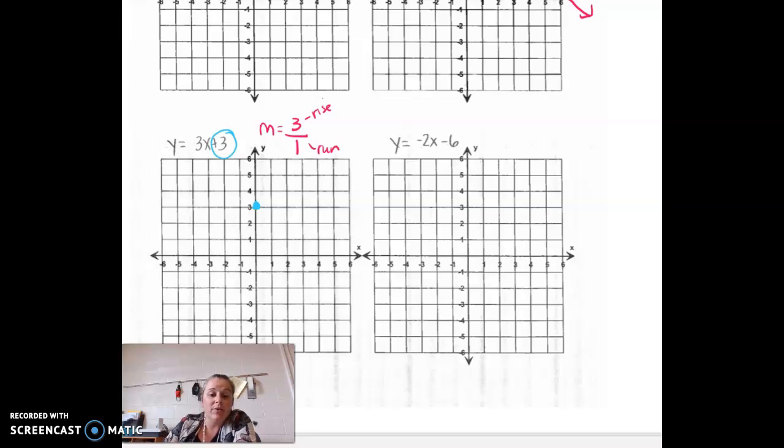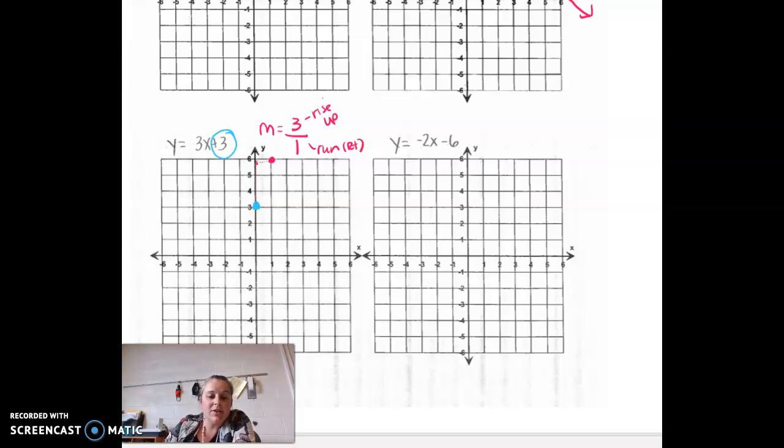So you do have a slope of 3 even if you wrote it in this fraction form. So you're going to go up 3 and over to the right 1. So I'm going to go up 3, 1, 2, 3, and then over 1, put a dot.